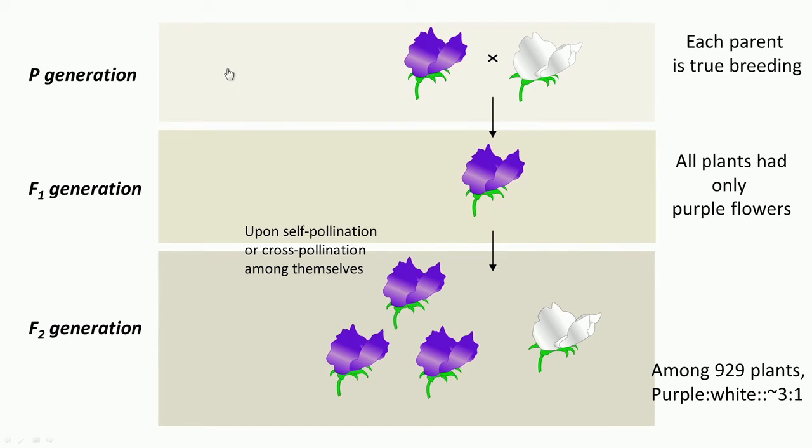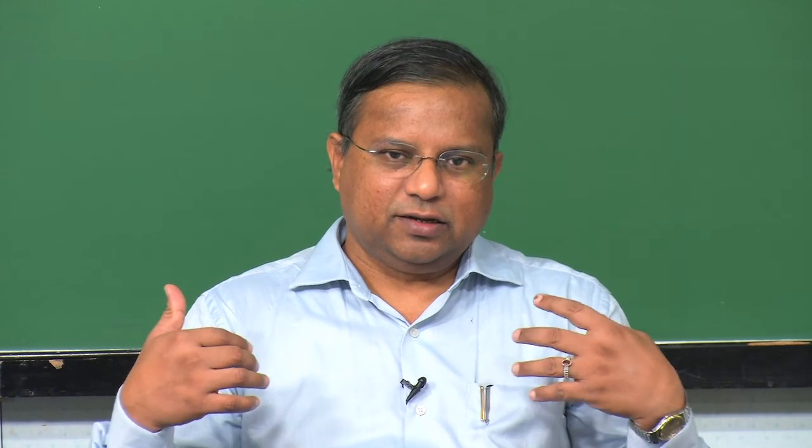This is the parent generation. The first generation had only purple flowers. There was no sign of the white flower at all, and there was nothing in between. It was either purple or white, and in the F1 generation it was all purple. This was the observation, and he had observed this over a large number of plants.